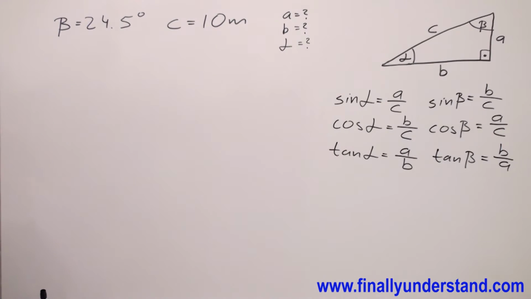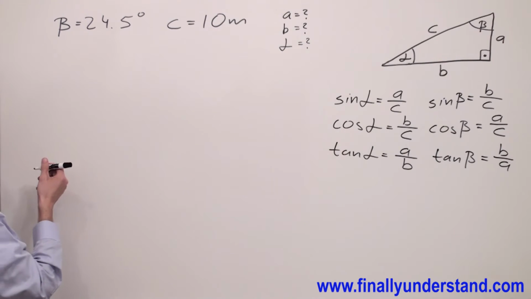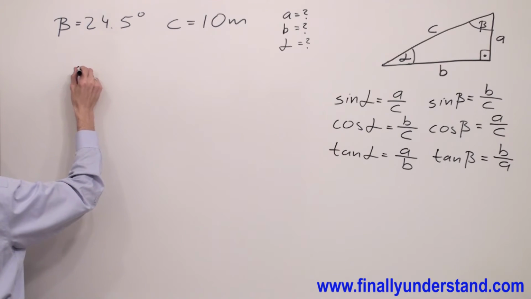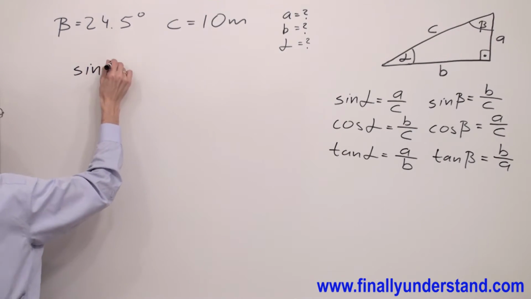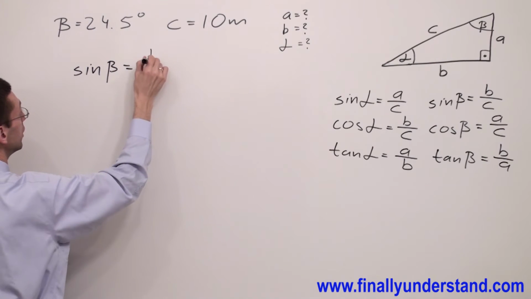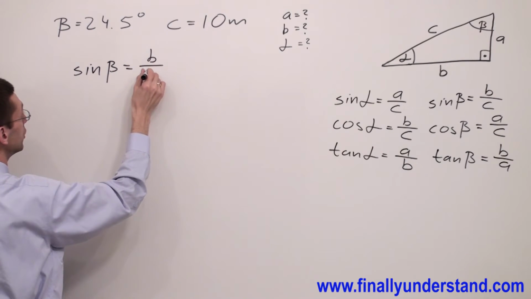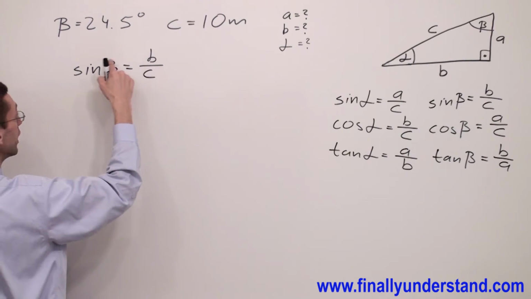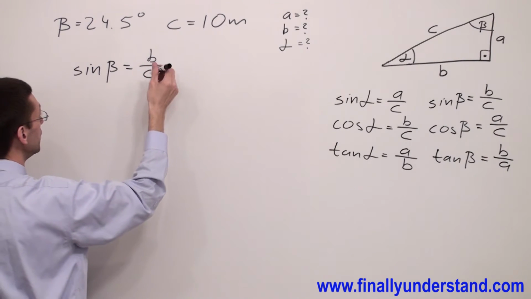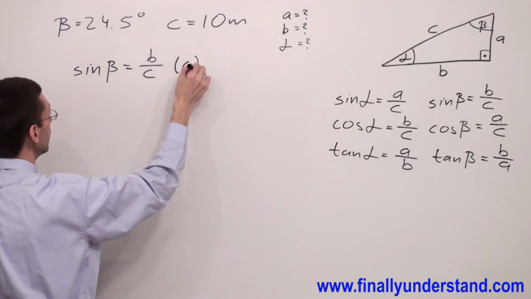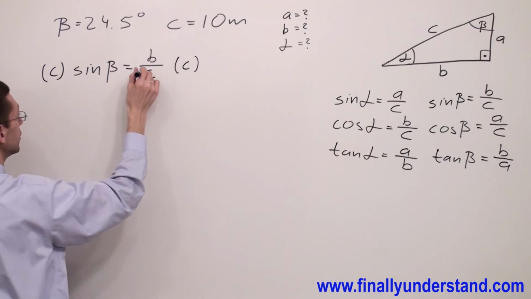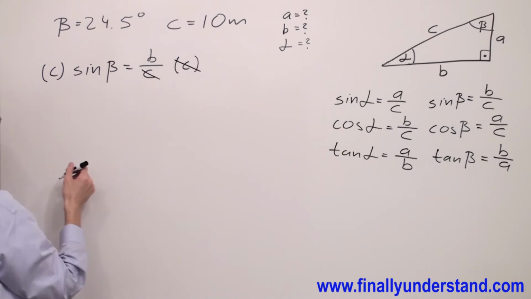So in order to find side B, I'm going to use the formula for sine. So I have sine beta is equal B over C. In order to find B, I have to eliminate the fraction. In order to eliminate the fraction, I have to multiply both sides of my formula by the denominator. C and C will cancel out.